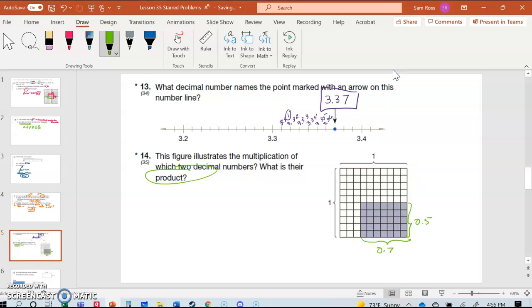Now, if you multiply, the product is the answer to a multiplication question, 0.7 times 0.5, you're going to get 0.35, which is how many, you should have 35 of these squares. I'm not going to count. But if you do this on your calculator, you'll get this.